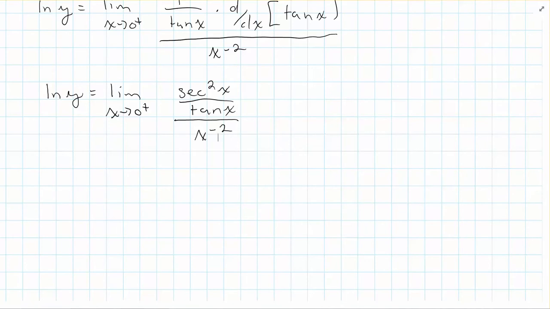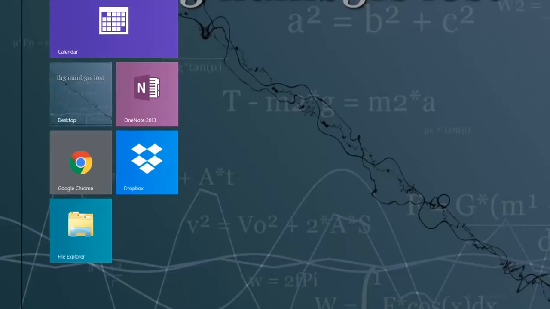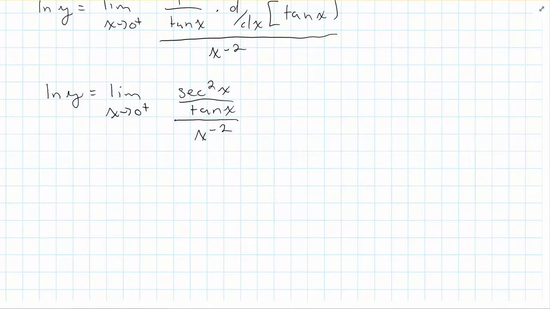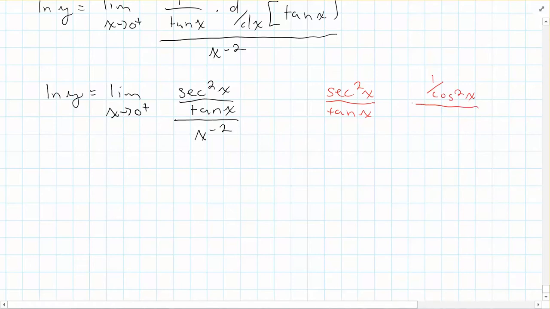So what do I mean by simplify? Well, let's look at secant squared x over tangent x. Because we know that secant squared is 1 over cosine squared divided by sine x over cosine x. Well, that would be 1 over cosine squared times cosine over sine x.